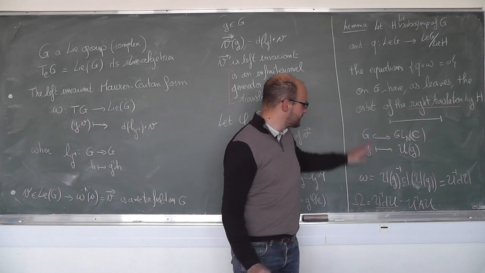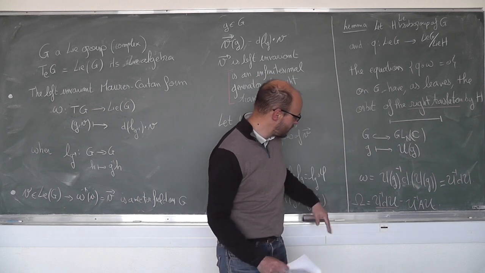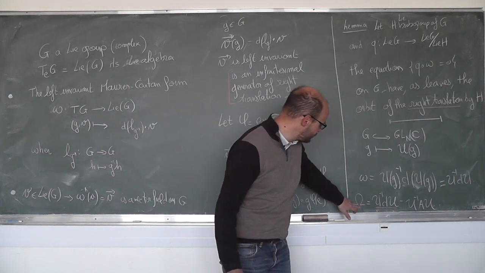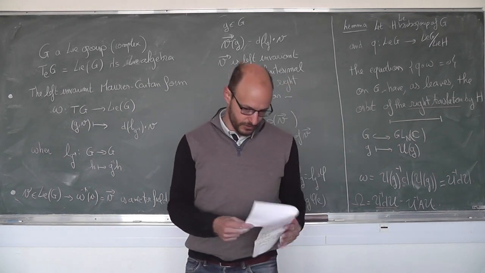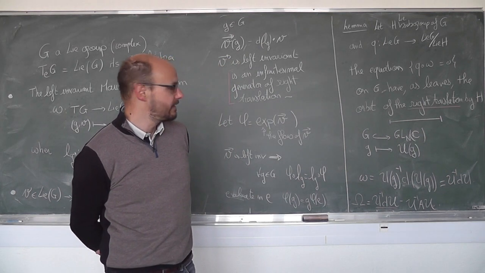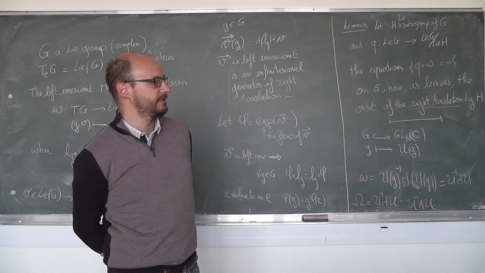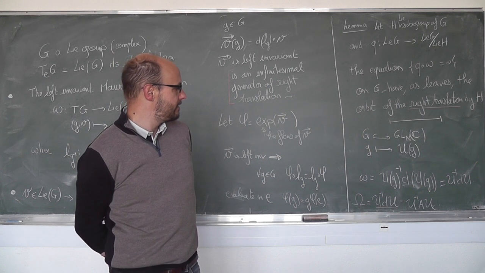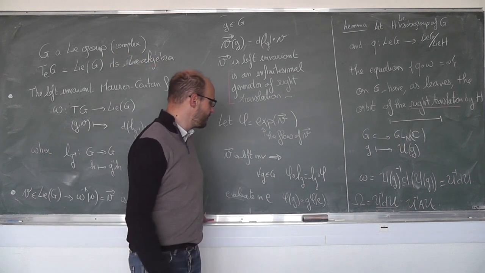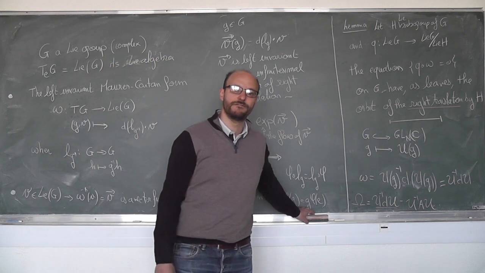So this is the theoretical reason why we have to choose this equation as a good equation. Next lecture we will apply this to study the Galois group of a linear differential equation, and then we'll be able to state the main result in the fourth part and to apply it to Ax-Schanuel in the fifth part.